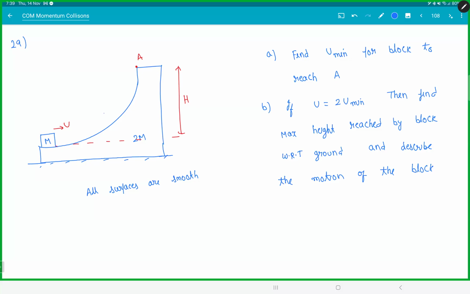Let's see. Again, always draw your final diagram.